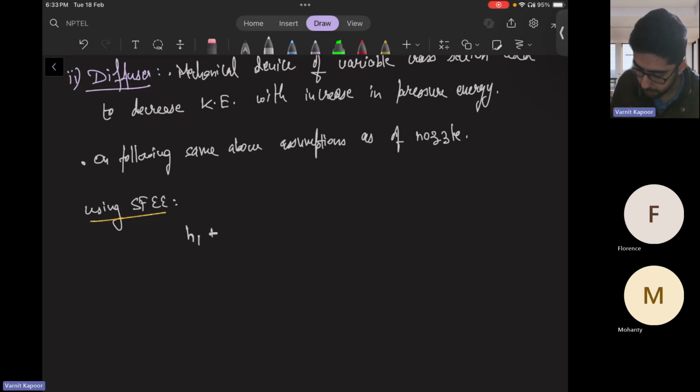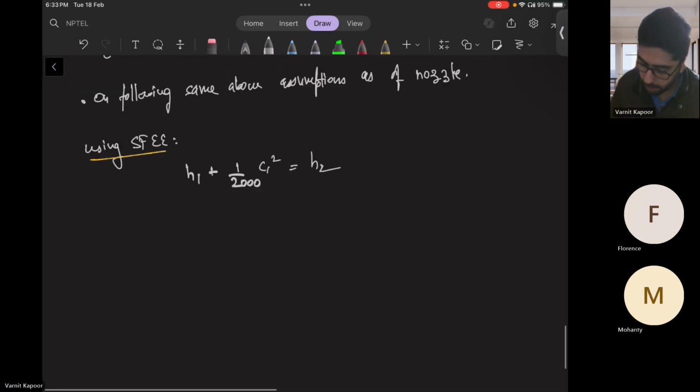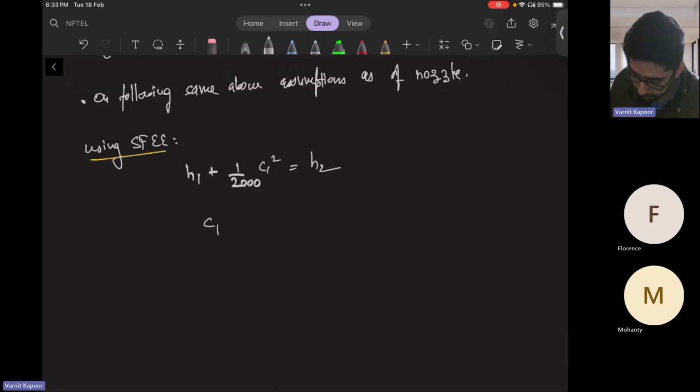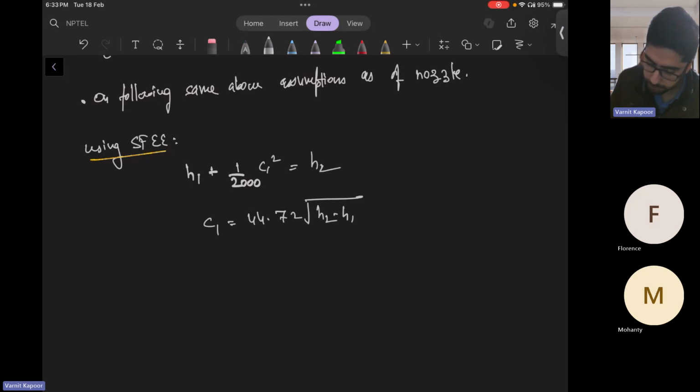Again, H1 will be there. This time, kinetic energy at inlet is high, equal to H2. All the other things are 0 this time. So from here, C1 will be 44.72 under root of H2 minus H1.